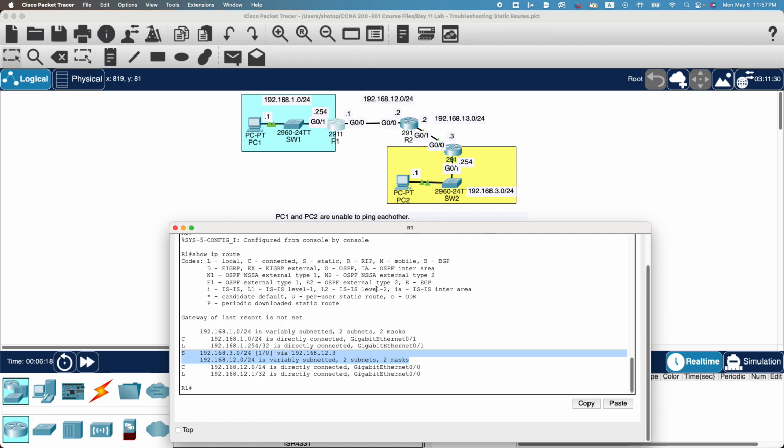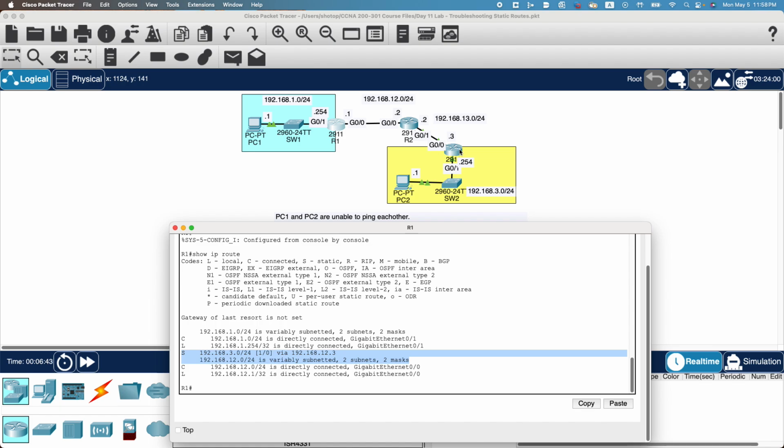Okay, so router 1 has a static route to the subnet of PC2. That's good. 192.168.3.0/24 via 192.168.12.3. Okay, so here I see 192.168.12.3.